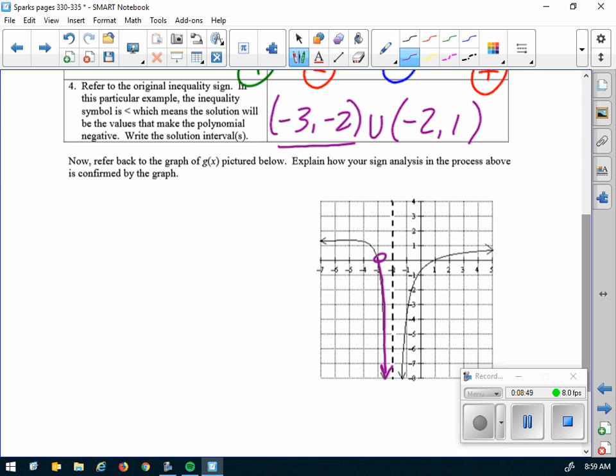Between -2 and 1. That's all below the x-axis. We just validated our answer. We just confirmed our answer because all of the answer that we gave here, the graph is below the x-axis.